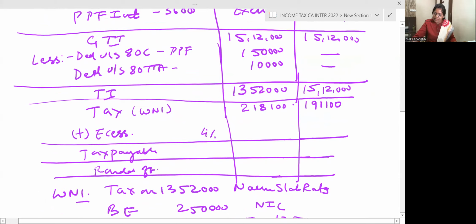So 191,100 into 4%, 7644 plus 191,100, 198,744, rounded off to 198,740. And this side, 218,100 into 4%, 8724 plus 218,100, 226,824, rounded off to 226,820.